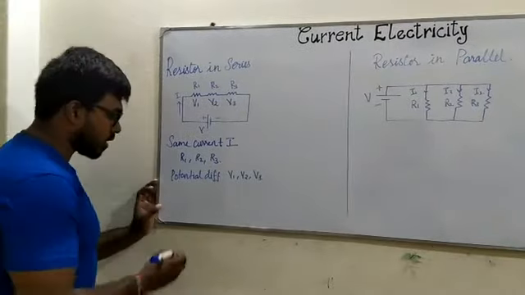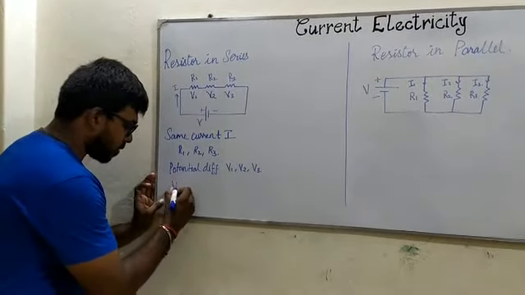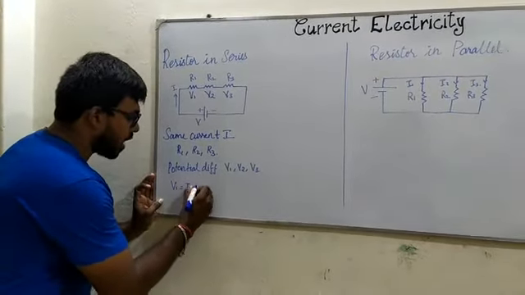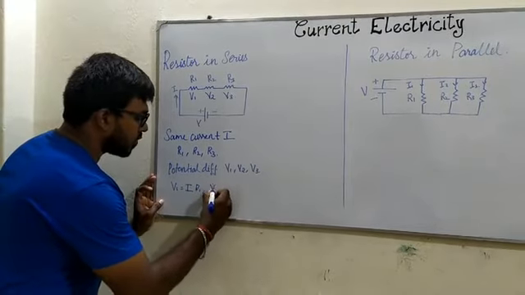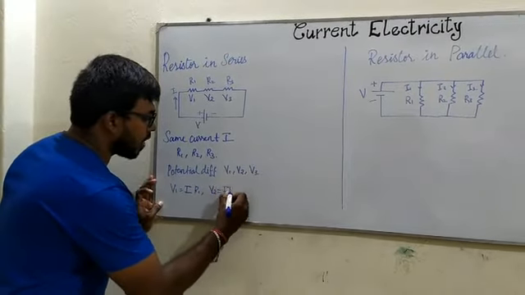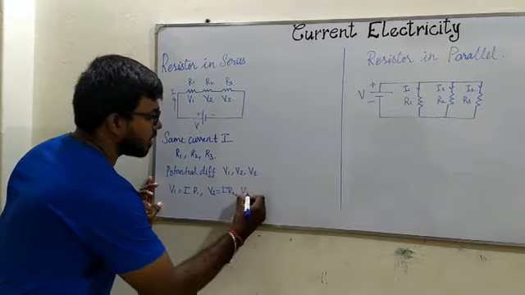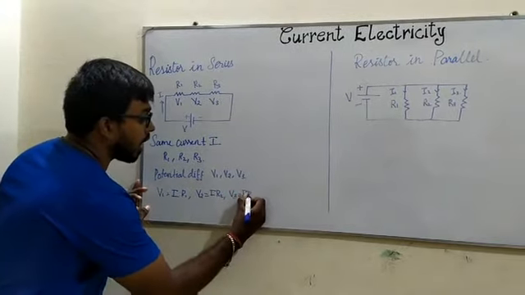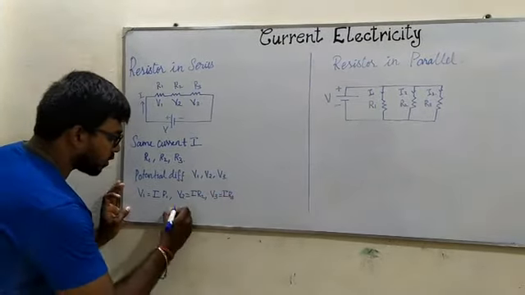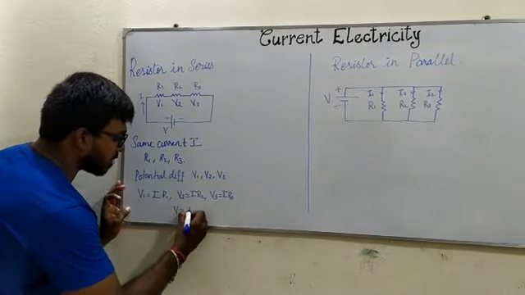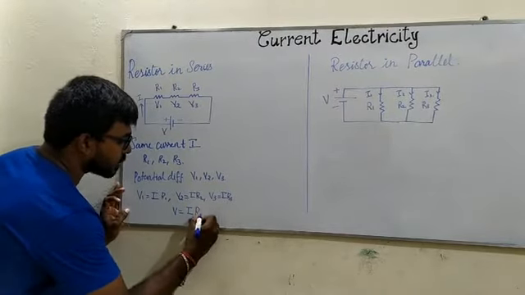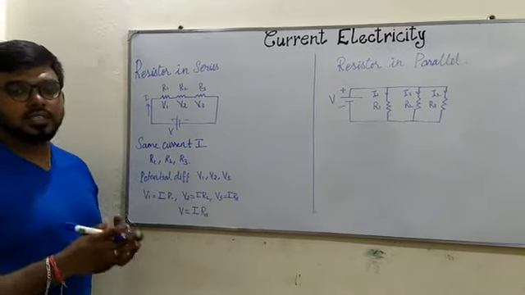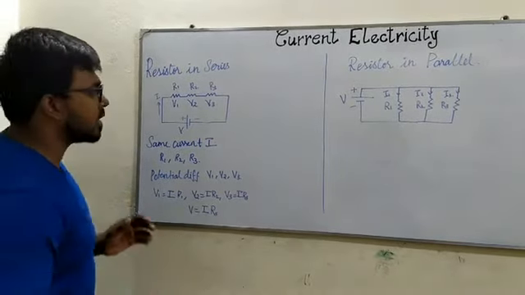According to Ohm's law, V1 is equal to IR1, V2 is equal to IR2 and V3 will be equal to IR3, and the total potential difference can be written as IRS, where RS represents the resistors connected in series.